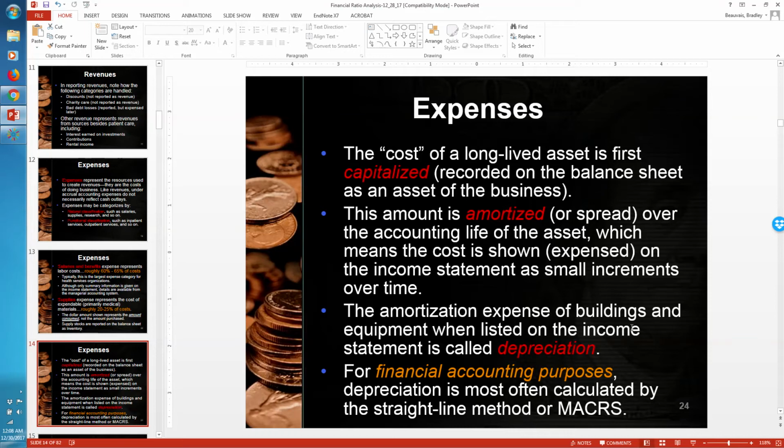Or we use MACRS, which I know you've been exposed to in other modules, that essentially allows us to expense more in the first and second years of equipment ownership and then lets it trail off towards the end, so that we can turn that money around more quickly and set it aside or reinvest as needed.